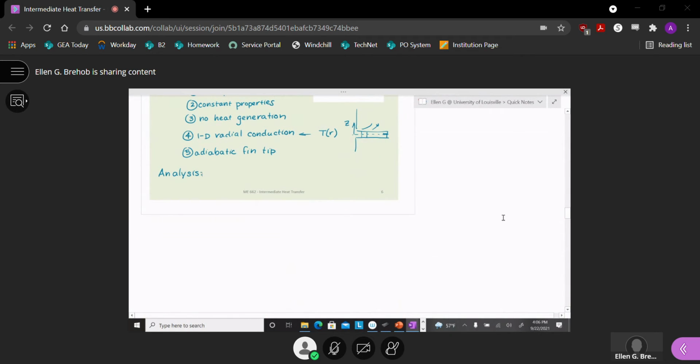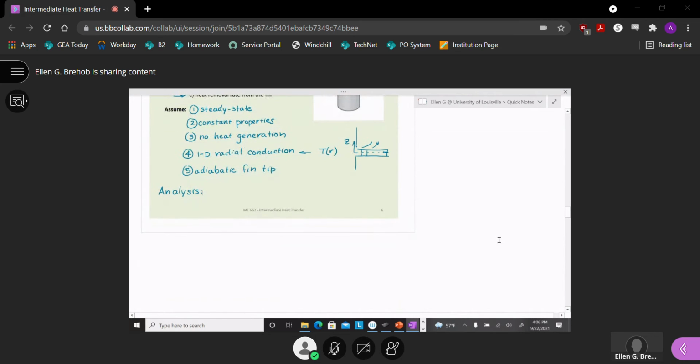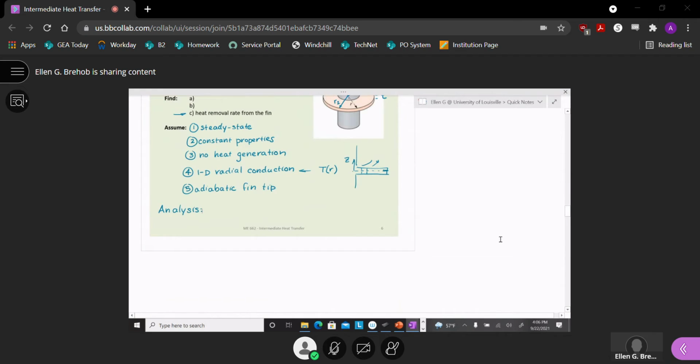Okay, so we're looking at rate of heat removal from the fin. And the way we're going to calculate that is, this should look like Fourier's law of conduction.